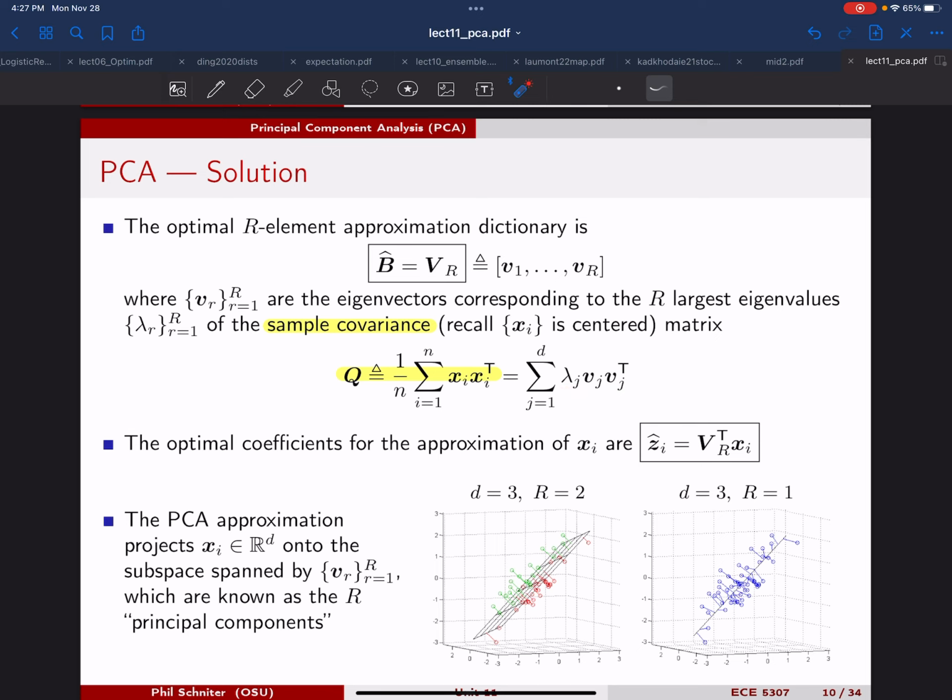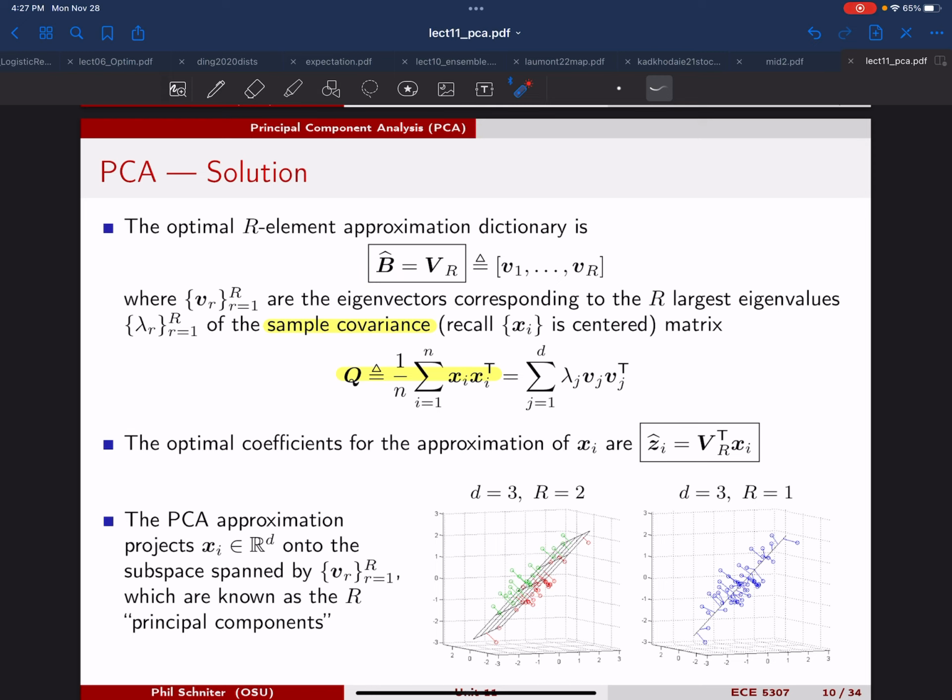We'll be talking a little bit more about eigenvalue decomposition later, but if we write it this way, then to construct the optimal dictionary, you sort these eigenvectors and eigenvalues so that the eigenvalues go from biggest to smallest, and then you take the eigenvectors corresponding to the largest R eigenvalues, you stack them column-wise into a matrix, and that gives you the optimum dictionary.